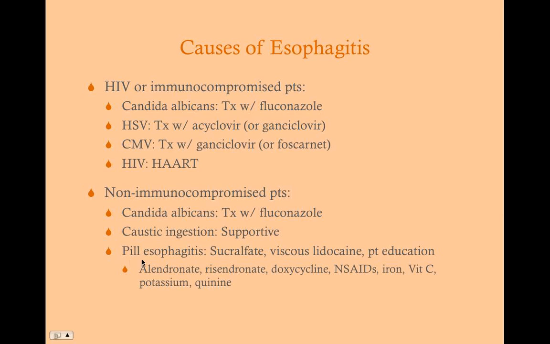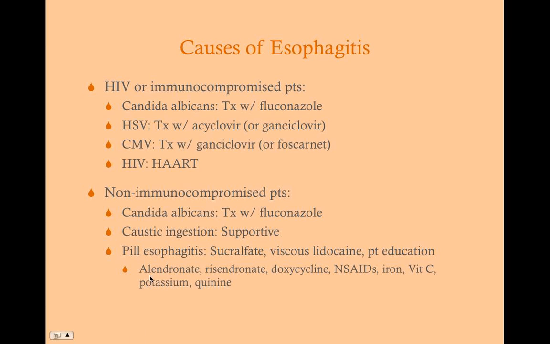If you see the inflammation just in one little place, you'll know that this is pill esophagitis. A lot of times you'll see the pill too. These patients we'll just treat symptomatically. We'll give them sucralfate, which is sort of a viscous coat for the esophagus, and then viscous lidocaine, which blocks the pain directly, and then of course patient education.